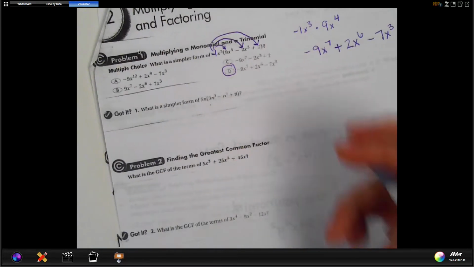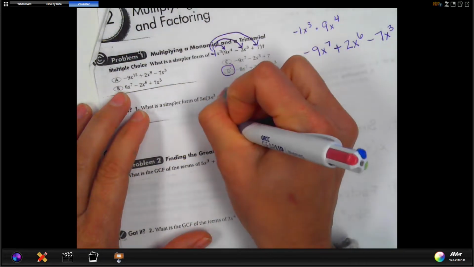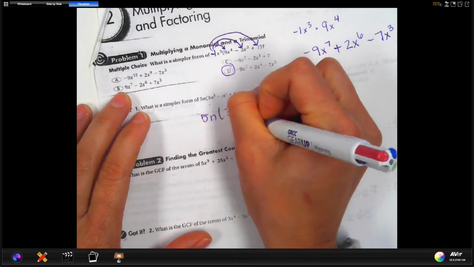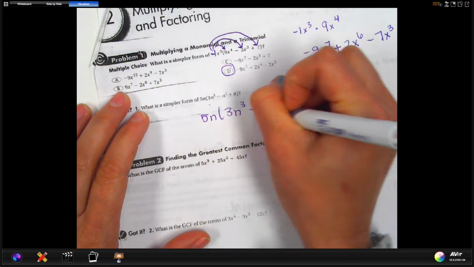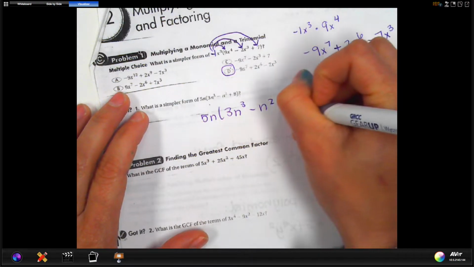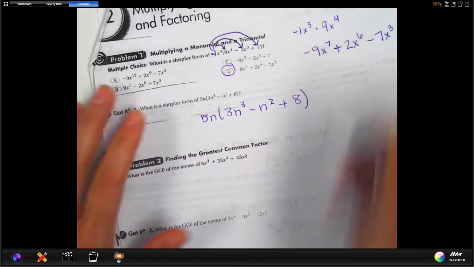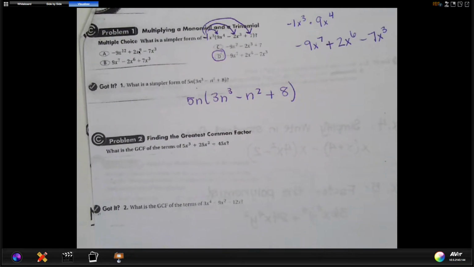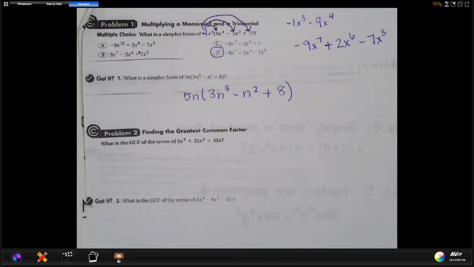I'll write this bigger so that people can see. Okay, shouldn't be too difficult on this one. Does anyone have an idea of what it should be?